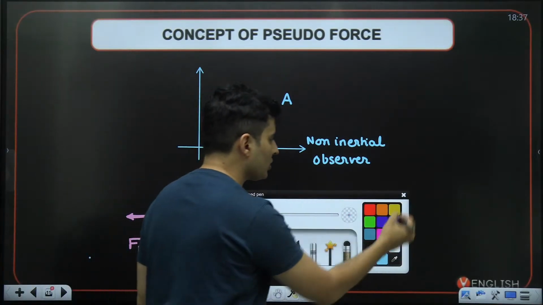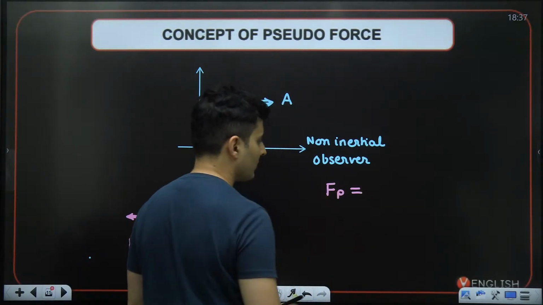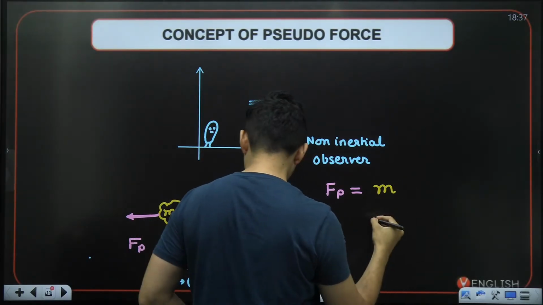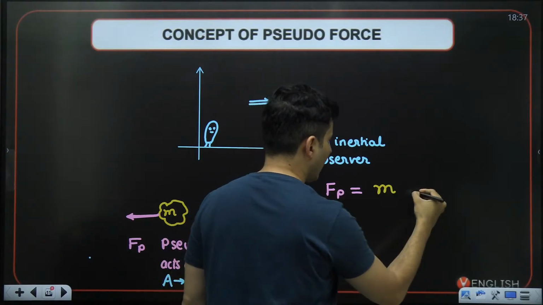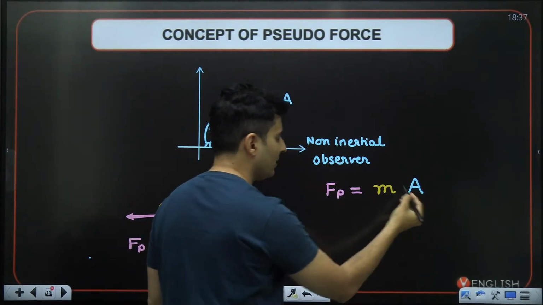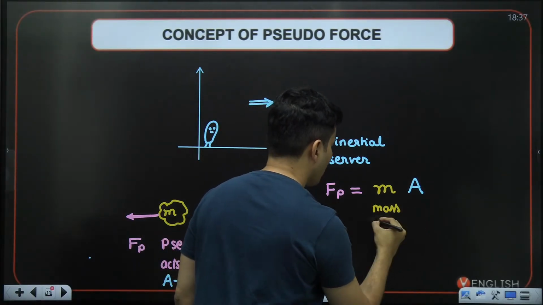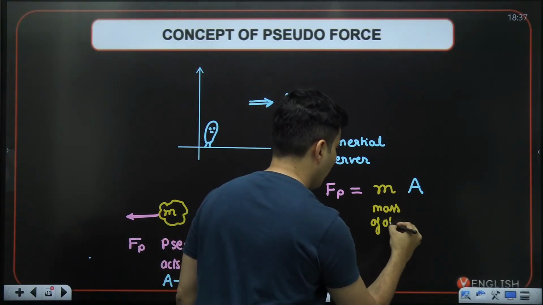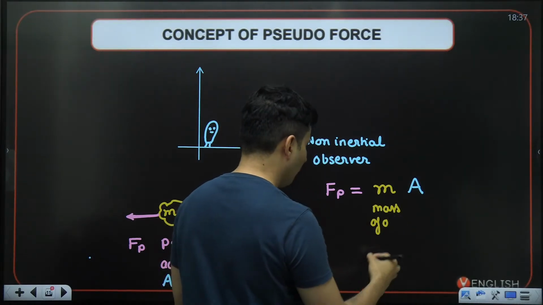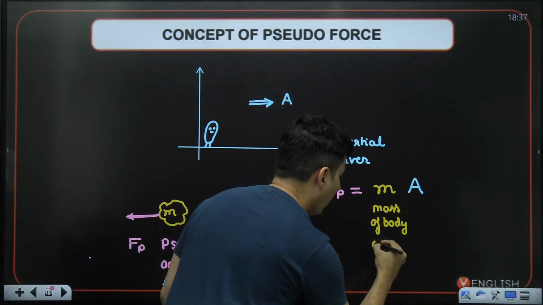The value of this pseudo force is very, very important. The magnitude of this pseudo force is given by mass into acceleration. But keep this in mind, what is the mass and what is the acceleration? This is the mass of the object or body being observed.